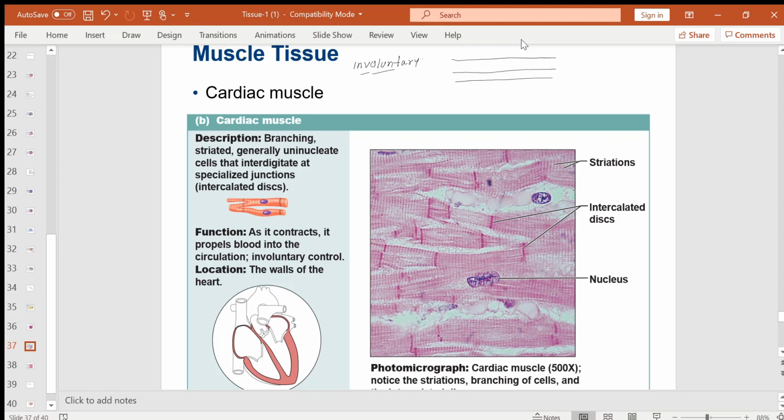So cylindrical fibers, and also striations are present inside the fibers. So these two things are same, skeletal and cardiac. Okay, cylindrical shaped fibers and striations.